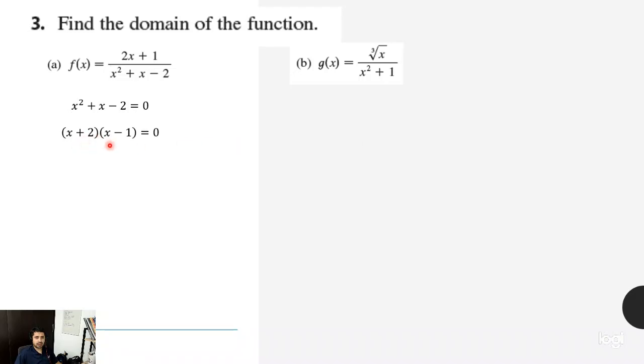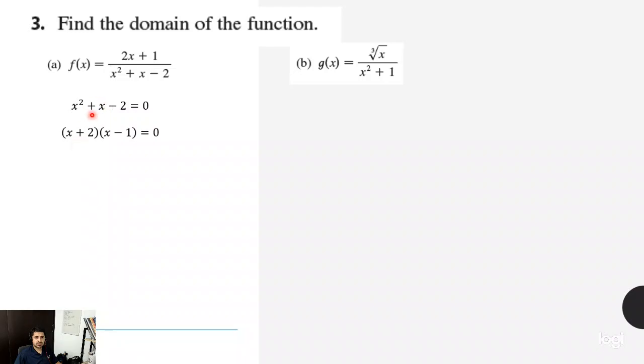So we get two parentheses. Remember, factorize is just converting an expression where we have sums, or plus and minus, into a multiplication. So we have x, which is the square root of the first term. The first sign should be plus.